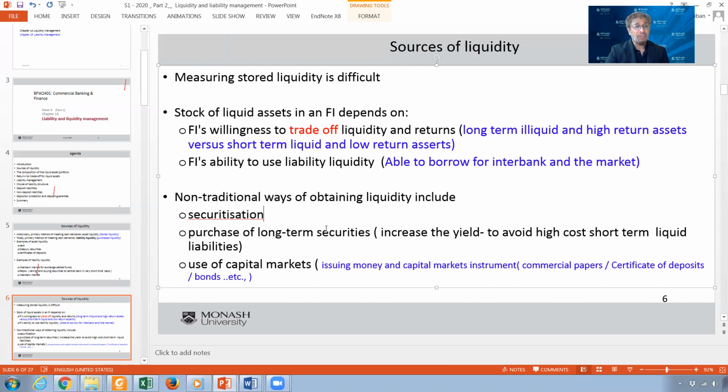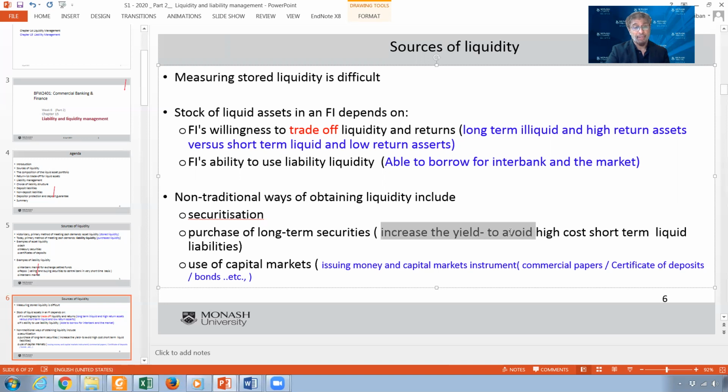The other thing is you can increase your yield. Especially if you have access to the market, you can invest in long-term loans, business loans, housing loans, some other types of loans that will be for a long time, or even invest in bonds and fixed income long-term securities like bonds, 20 years, 30 years.